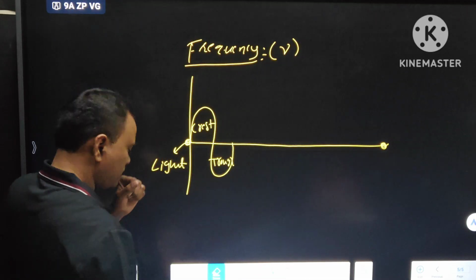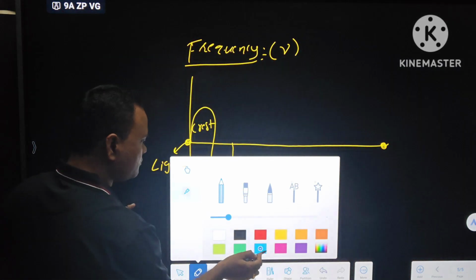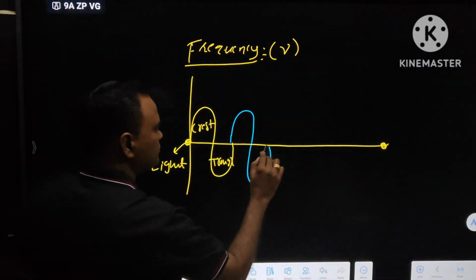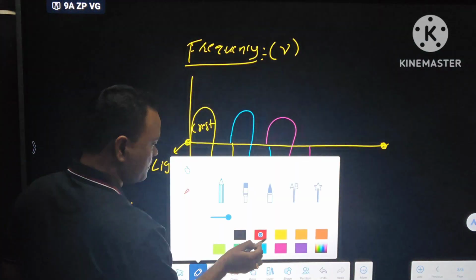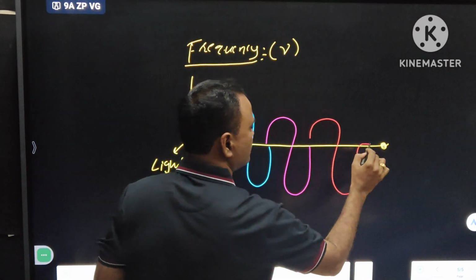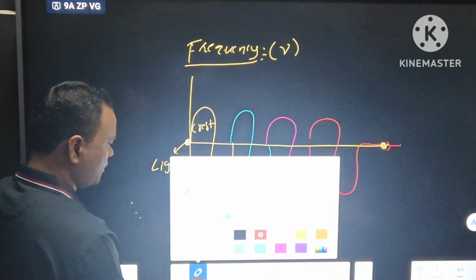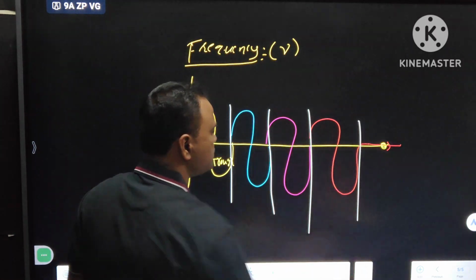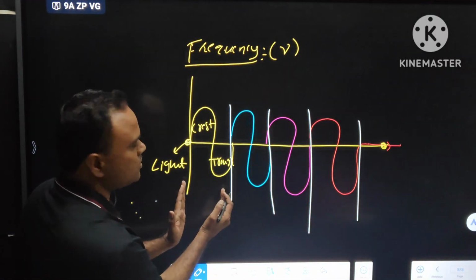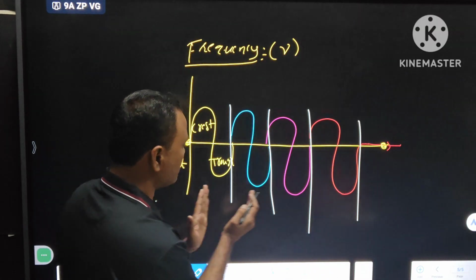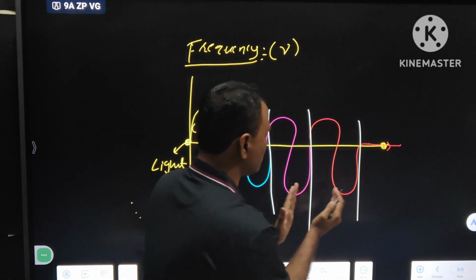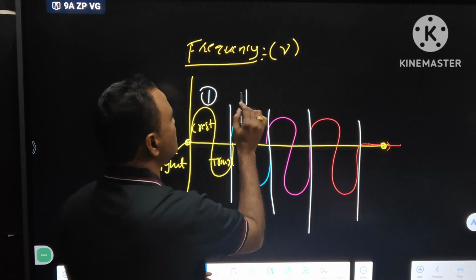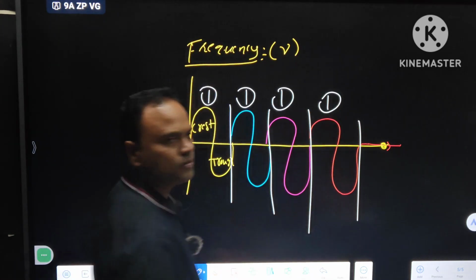I'll use another color. This is the second wave, third wave, fourth wave. See how many waves are present here? 1, 2, 3, 4. We are considering one crest and one trough as one wave. So in total how many waves are there? 1, 2, 3, 4.